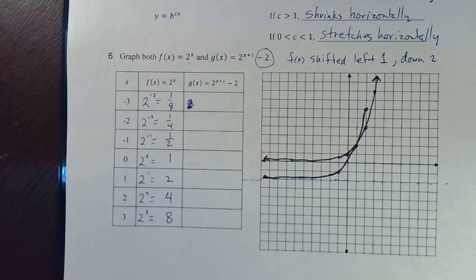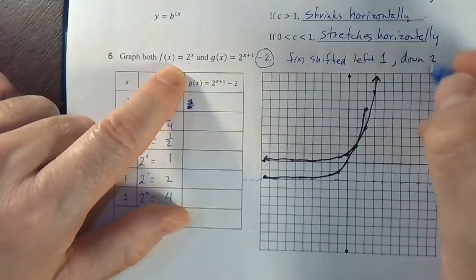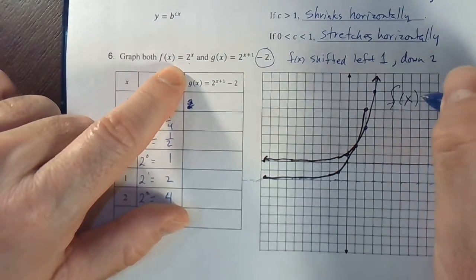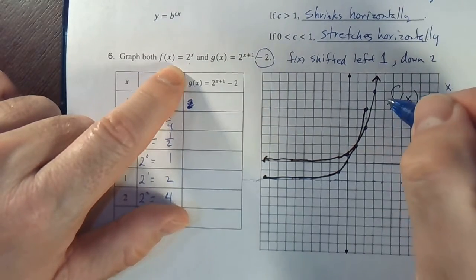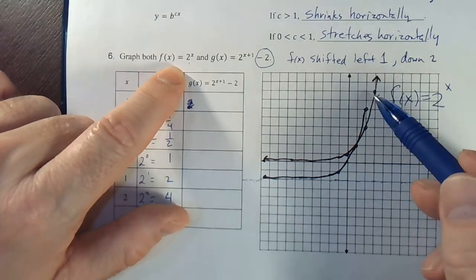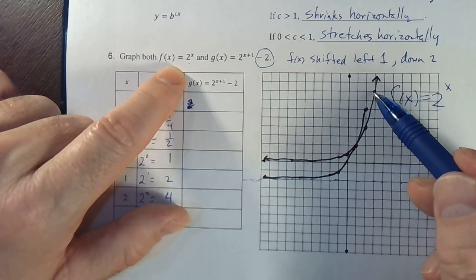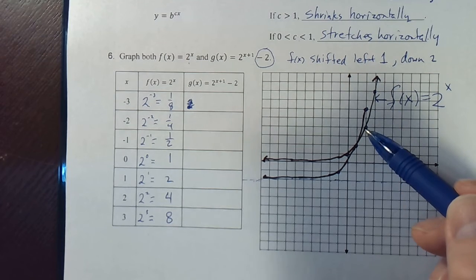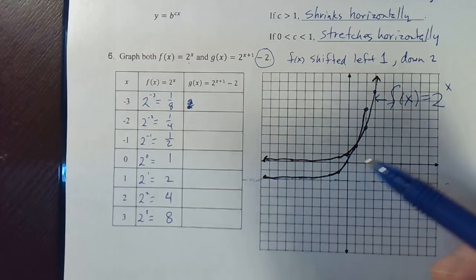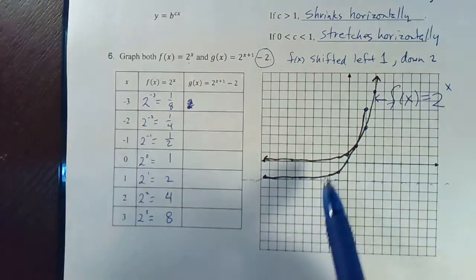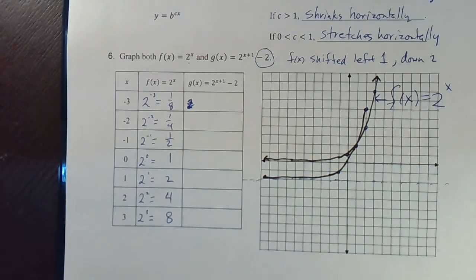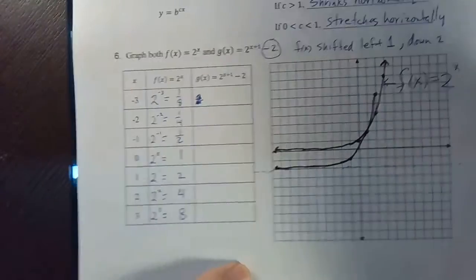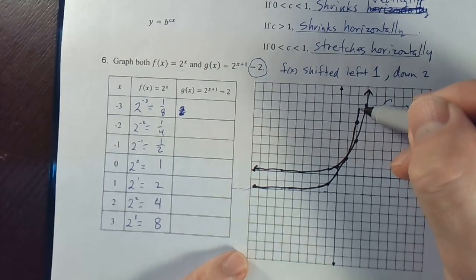So all we did was took every point on this graph, f of x equals 2 to the x. Every point we plotted, we went to that point and we shifted left 1 down 2, left 1 down 2, left 1 down 2. I actually need to have an arrow on this as well.